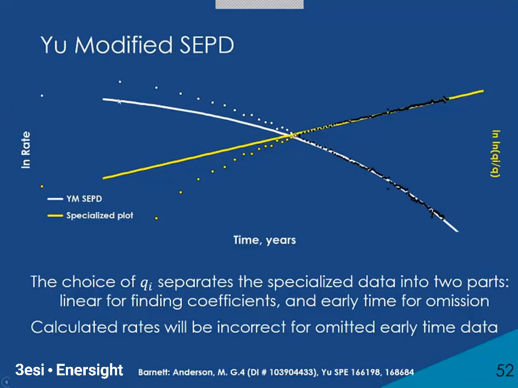It can't go any higher. And to make that happen, this line has to fall in earlier than the data. And when it falls in earlier than the data, this data in the specialized plot says you ought to ignore it because we're looking for a straight line on this specialized plot.